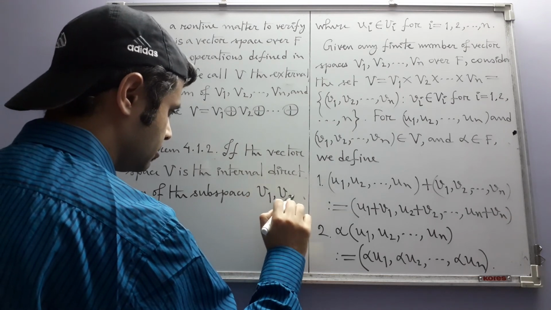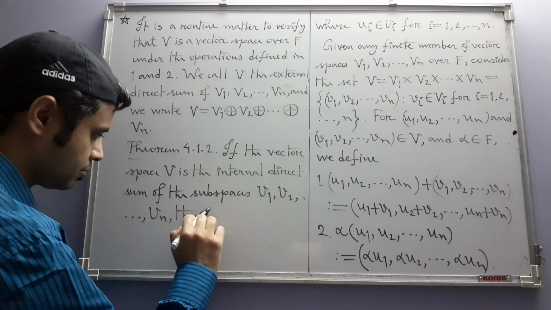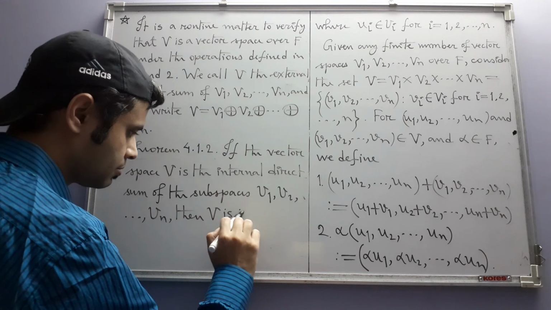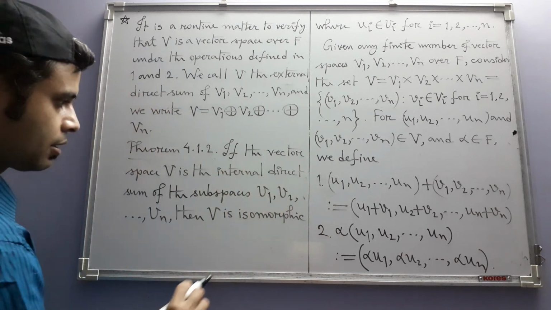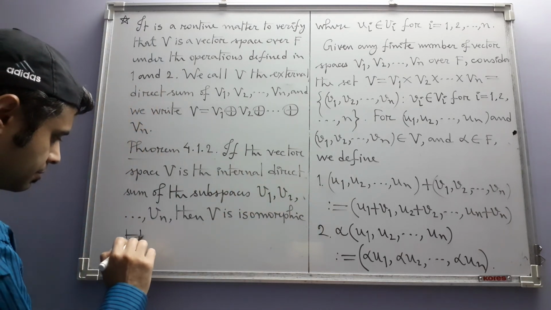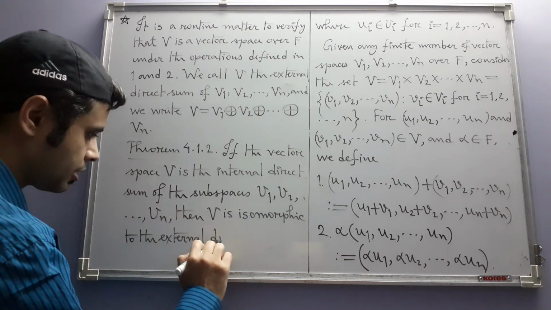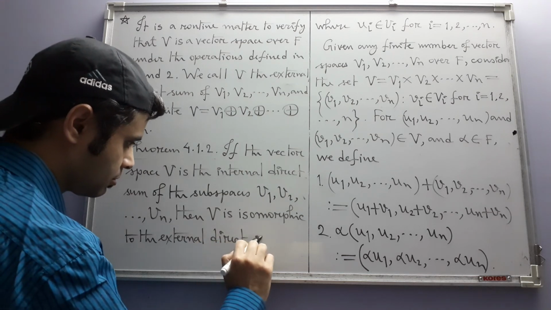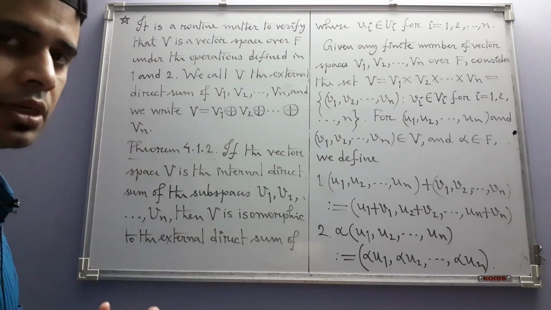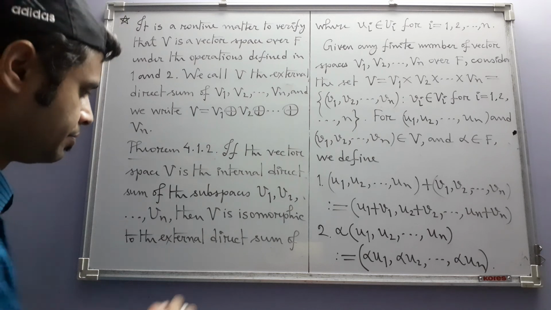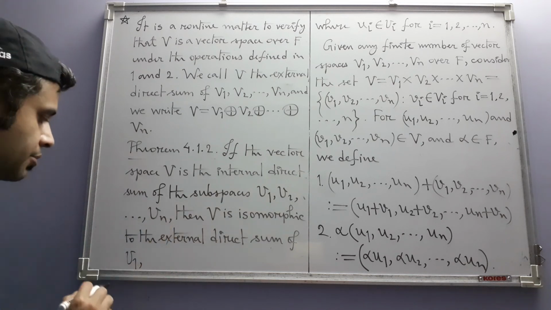say u1, u2, etc. up to un, then V is isomorphic to the external direct sum of these same, because the subspaces after all individually can be considered as vector spaces, so their external direct sum can also be formed.